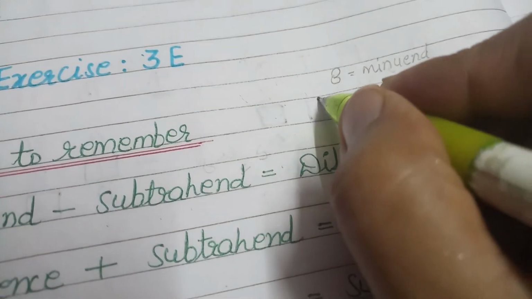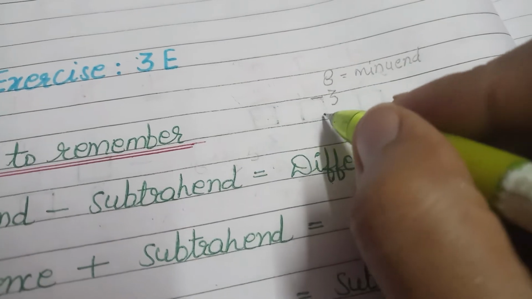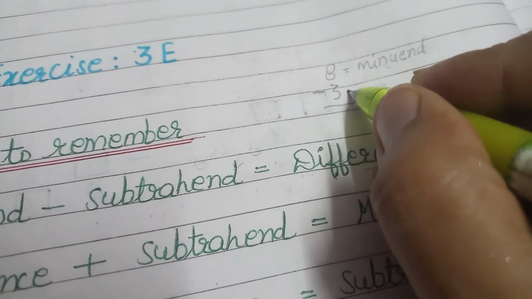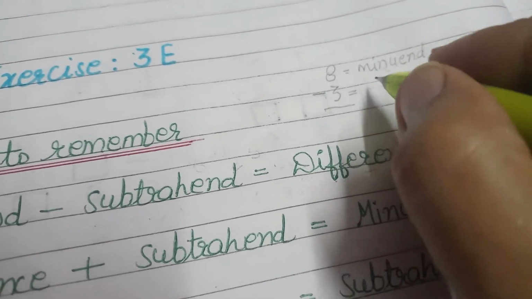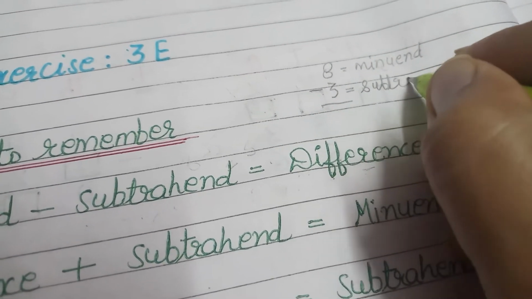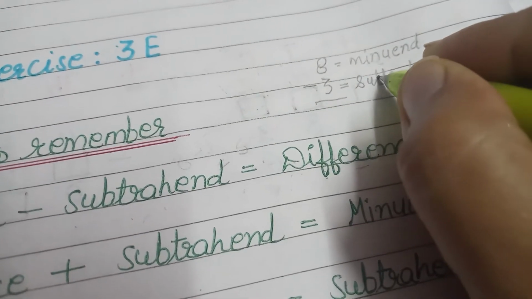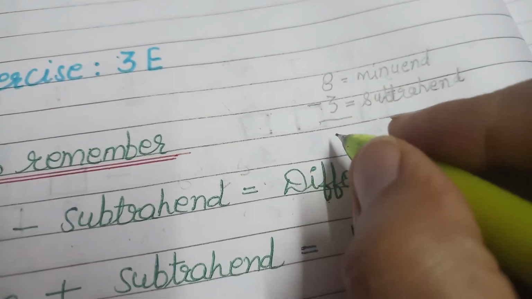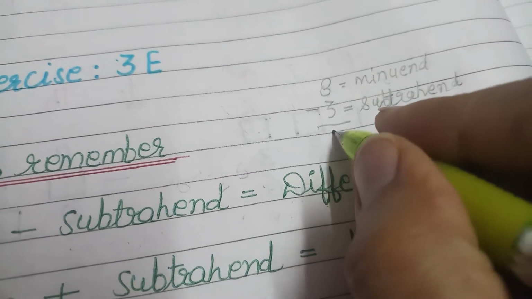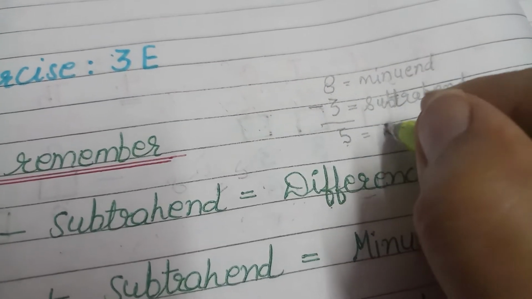Now the number which we are subtracting, 8 minus 3 here, this 3 is called the subtrahend. And the answer of the subtraction, 8 minus 3 is 5, is called the difference.